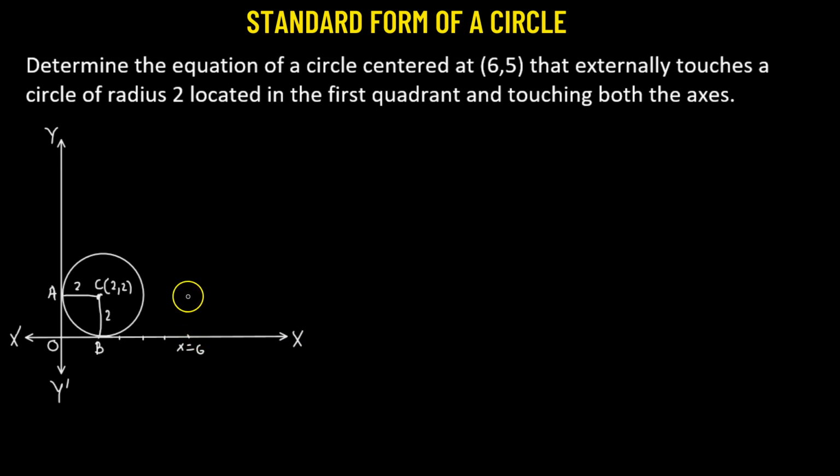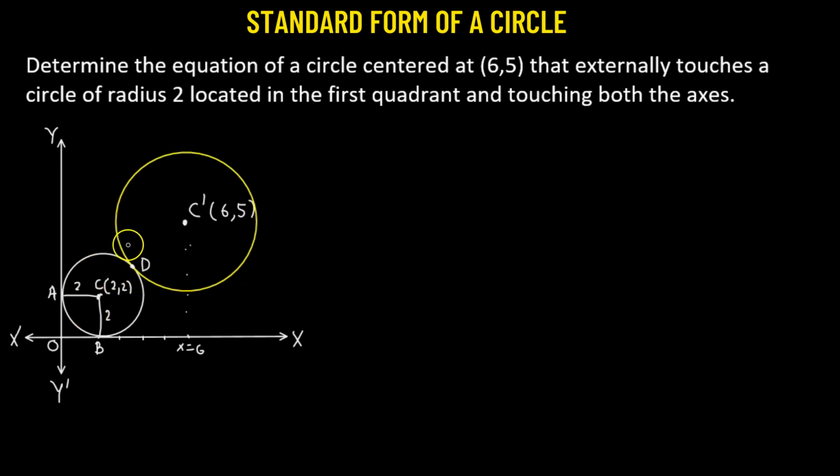So we have 1, 2, 3, 4, 5. So this is where our new circle is going to lie. We're going to call the center C prime, and it has a coordinate of (6, 5). The circle with the center C prime is such that it is touching this circle externally. So here we have the yellow circle whose center is (6, 5). It is touching the smaller circle of radius 2, let's say at point D.